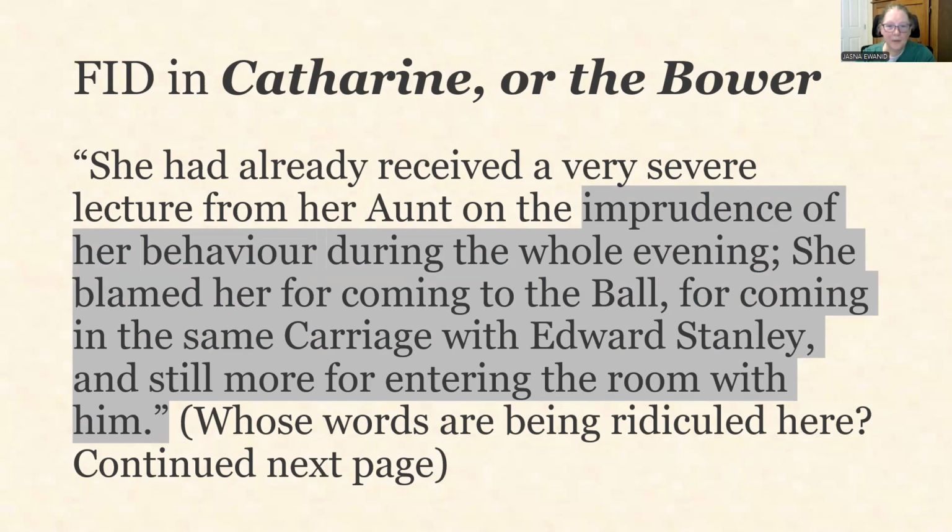She blamed her for coming to the ball, for coming in the same carriage with Edward Stanley, and still more for entering the room with him. So this is either Catherine's summary of what the aunt said, or it's just what the aunt said. But it's definitely the wording that Mrs. Percival would have used.